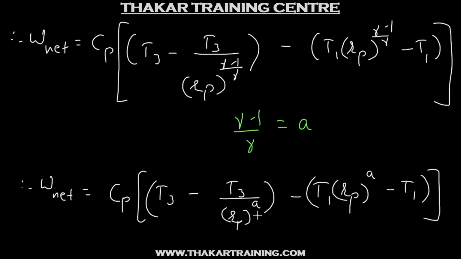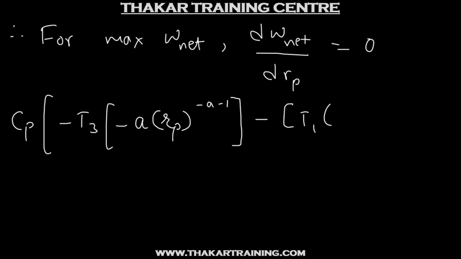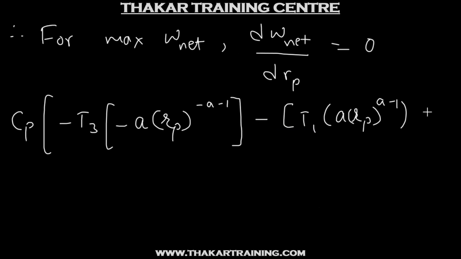The term is 1 upon Rp raised to A, which is Rp raised to minus A. So its derivative will be minus A Rp raised to minus A minus 1. Then minus T1 into Rp raised to A, so this will be T1 into the derivative, A Rp raised to A minus 1. Minus T1 is a constant, so the derivative will be 0. So this is the term that we'll have, equal to 0.